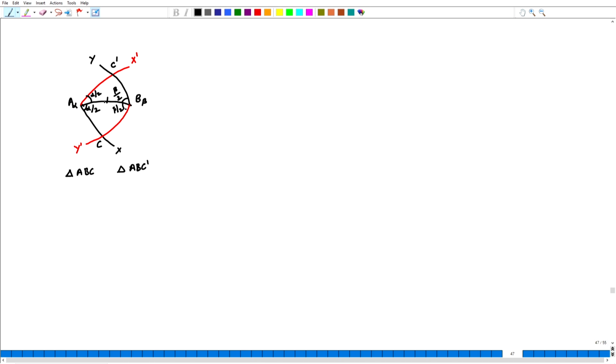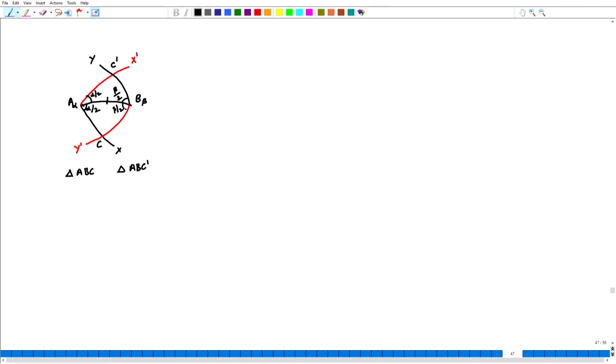I have a common side AB to the two triangles, and the angles with the common side are equal. Basically, it means that I have a side included between two equal angles, alpha by 2, alpha by 2, beta by 2, beta by 2.